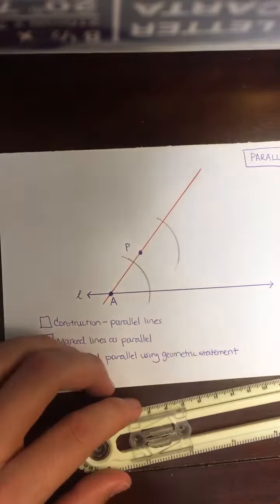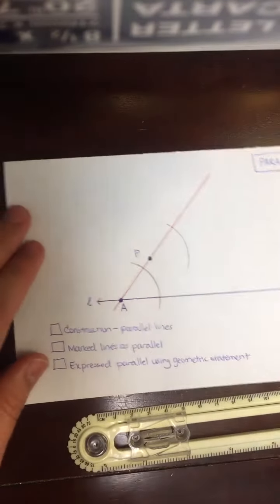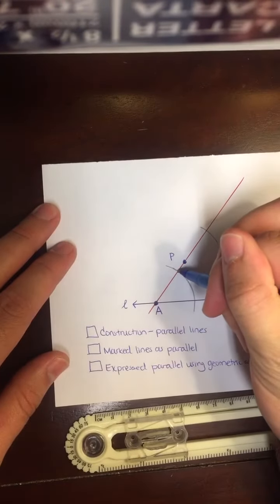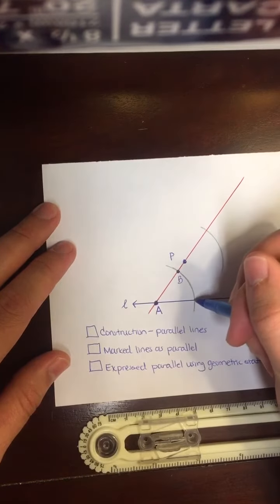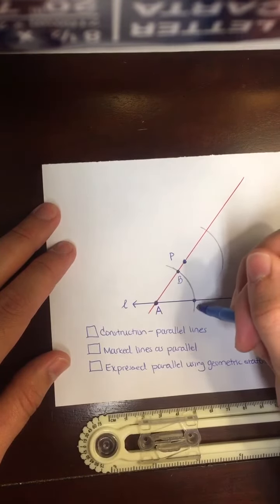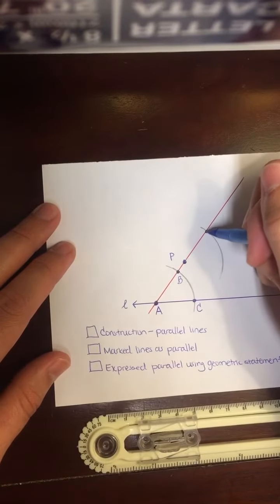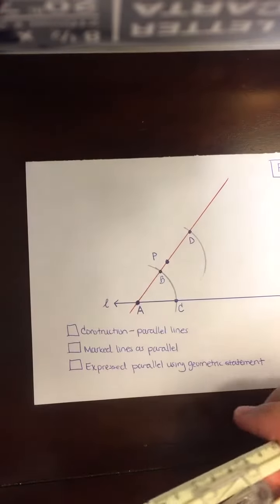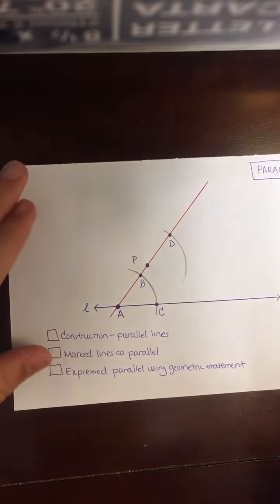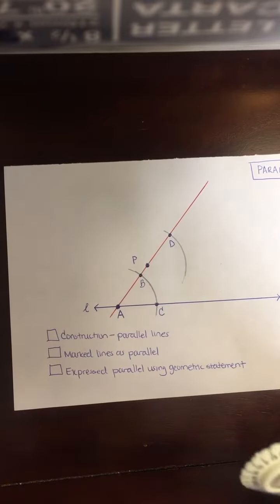And I'm going to start labeling these points of intersection so I can communicate a little better here. I'm going to label this point of intersection as point B, this point as point C, and this point as point D. And again, this works very similarly to when we were copying acute or obtuse angles.